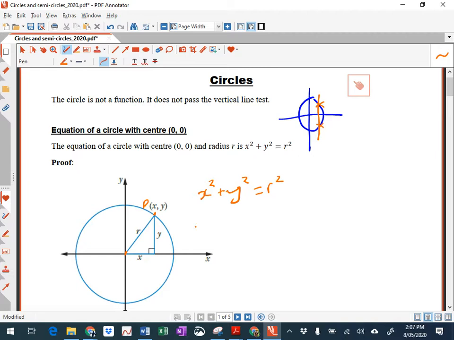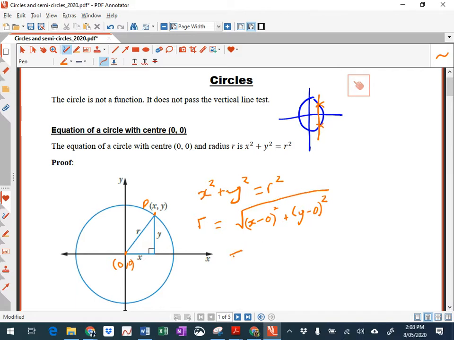The other way you could have done it is you could have used the distance formula. You could have said that the distance r is the distance of x, y, and then 0, 0 there for the origin. You could have also gone the square root of x minus 0 all squared plus y minus 0 all squared.